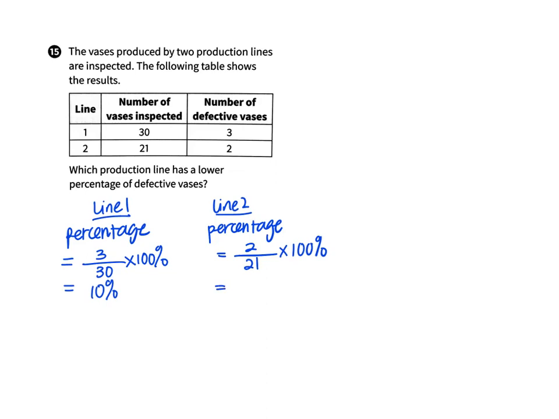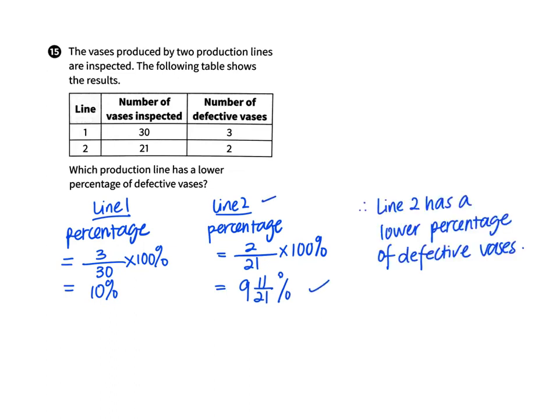So 2 divided by 21 times 100% gives me 9 11/21%. I try to use the exact value as much as possible. So which production line has a lower percentage of defective vases? Lower percentage, so therefore line 2. Have you gotten the answer?